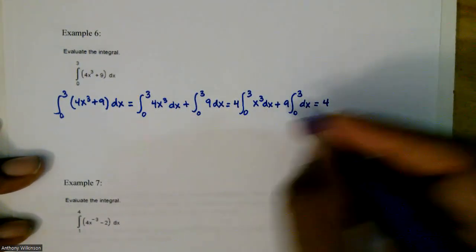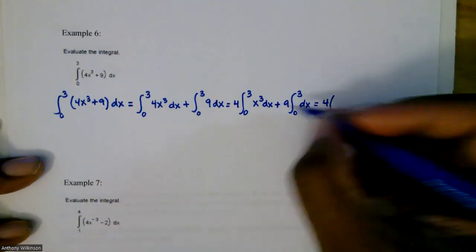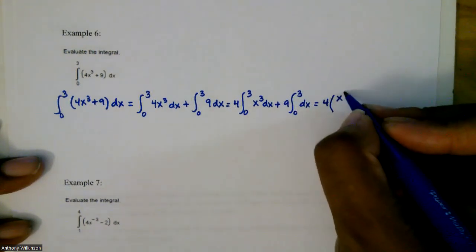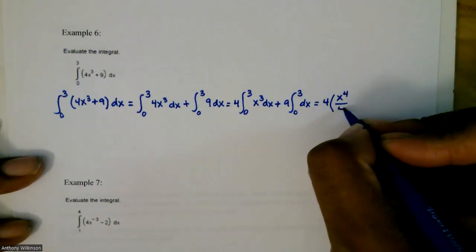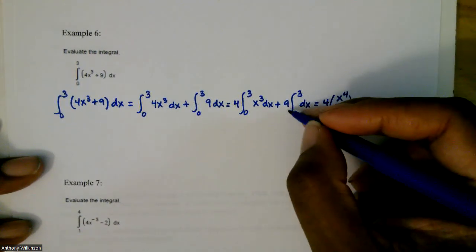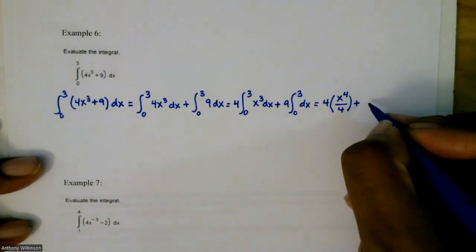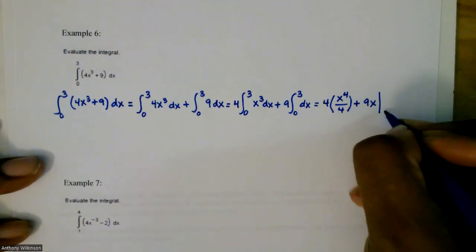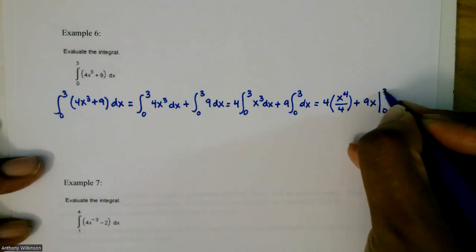So I bring the 4 over. And here, I'll increase the power by 1. So it'll be x to the 3 plus 1, which will be 4. That'll be divided by 4. And then plus the integral of dx will just be x. So I have 9x. And all of this will be from 0 to 3.